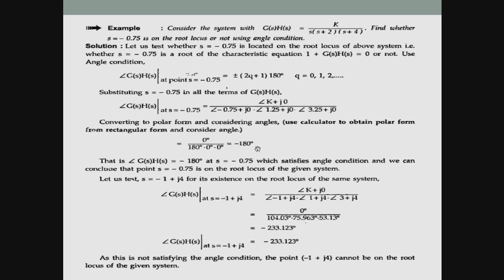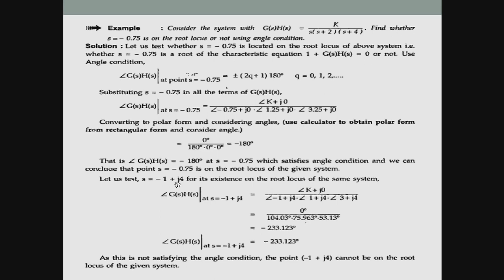Anything with a minus you are getting as 180 degrees. So the value turns out to be minus 180 degrees. That is, g of s equals minus 180 degrees at s equal to minus 0.75. So this satisfies the angle condition, and we can conclude that s equal to minus 0.75 is on the root locus.